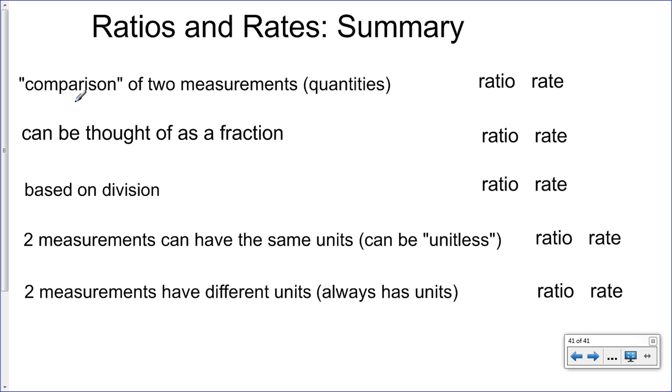A ratio is a comparison of two measurements or quantities, and so is a rate. So both of them compare two measurements, which can be thought of as a fraction.